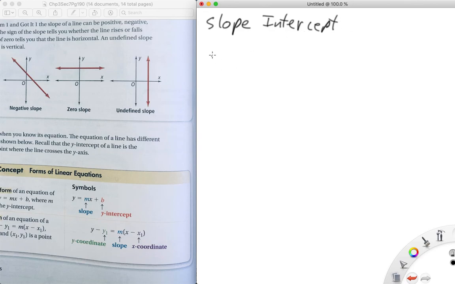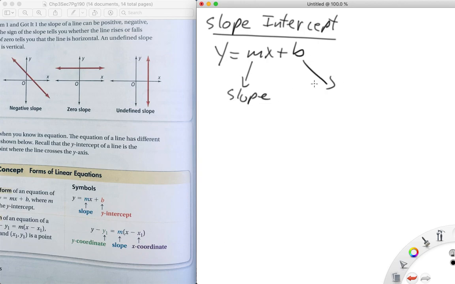And it consists of y equals mx plus b. The reason why it's called slope-intercept is because it consists of the slope and it consists of the y-intercept.